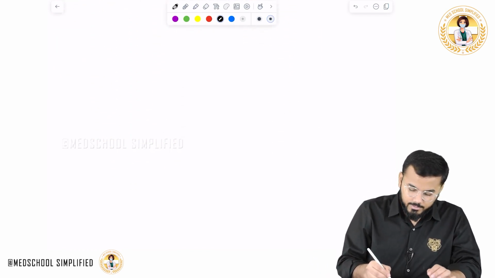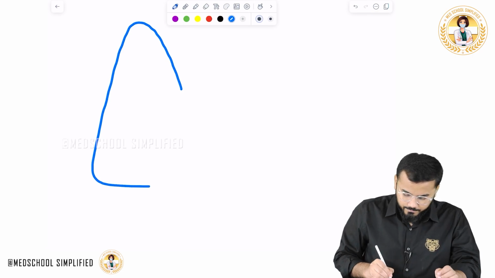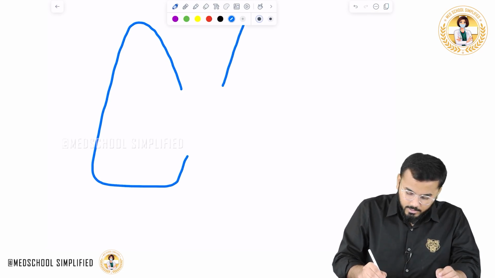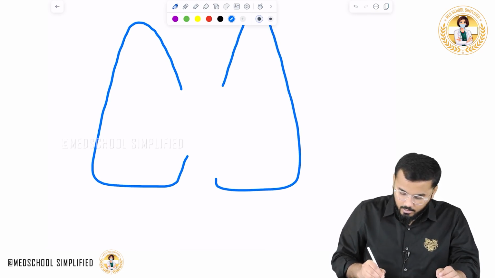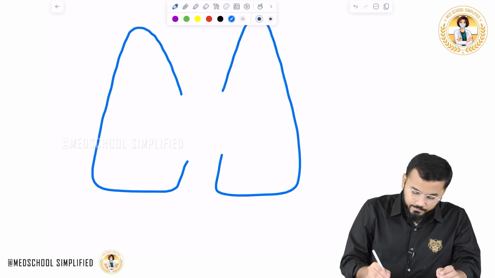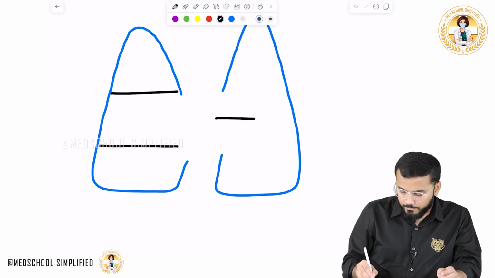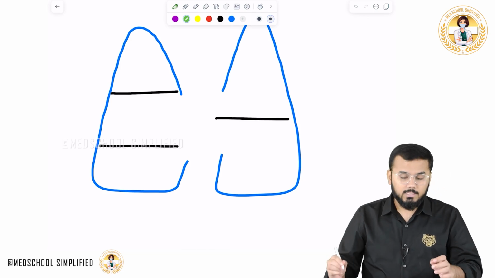Okay. Right. So if this is your lung on the left and this is your lung on the right, now look at these bronchopulmonary segments. So as I have already told you, here we have got, what are these?